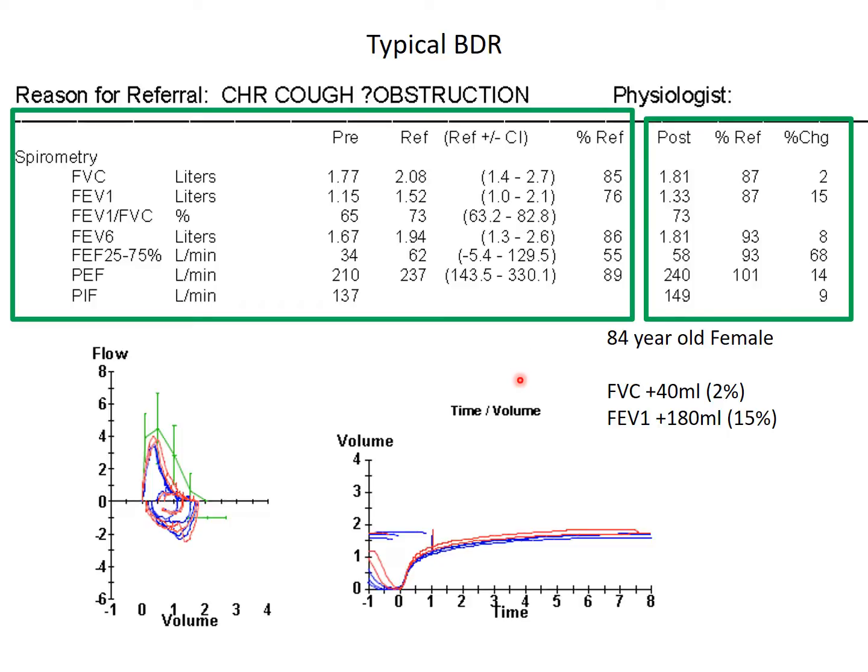Probably the most pertinent question is whether or not a treatment would get rid of her symptom, rather than trying to put her in a box and then make an algorithm from the box on what to do. Because she could certainly go into a number of boxes, and this is the kind of thing we want to discuss. And what does a BD response really tell you in this one?